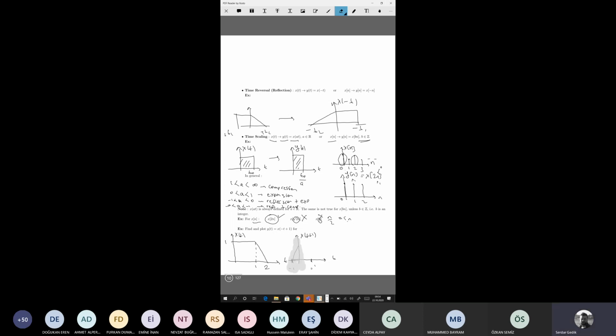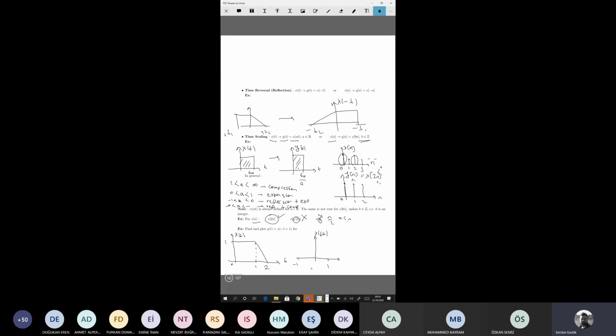Let me erase this. They are too near. Let's plot once more. This is my x of t plus 1 from minus 1 up to plus 1. So what do you say? I have x of t, which is in between 0 and 2. It is constant in between 0 and 1. Then it's decreasing from 1 to 2.